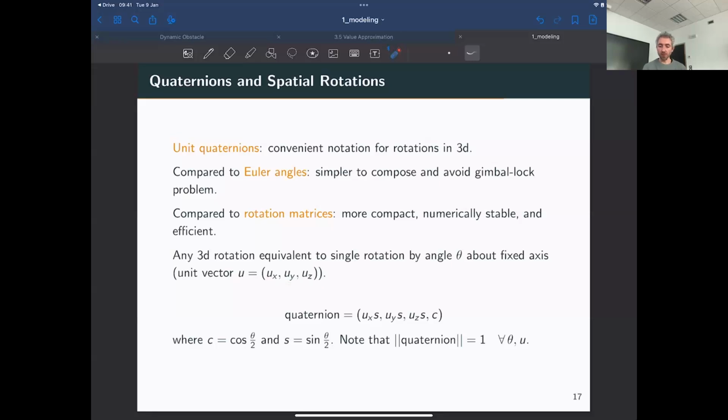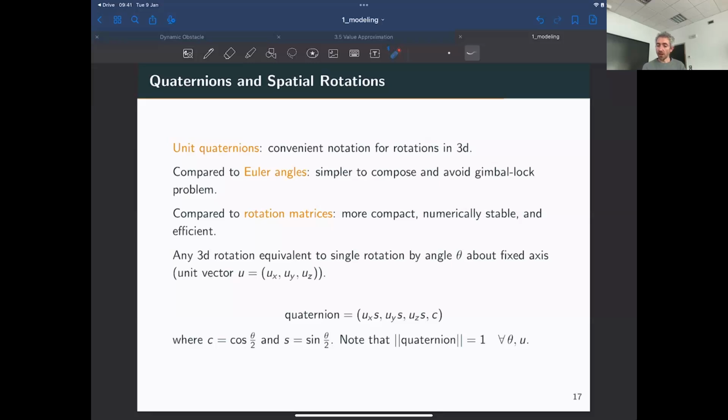It's quite straightforward to see that from the information you have here, you're able to recover both U and theta. And once you have U and theta, you have all the information you need for representing the orientation. So this quaternion contains all the information to represent the orientation.